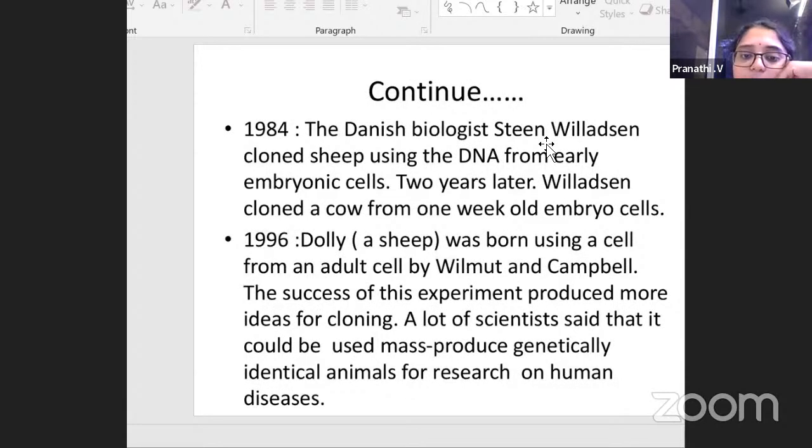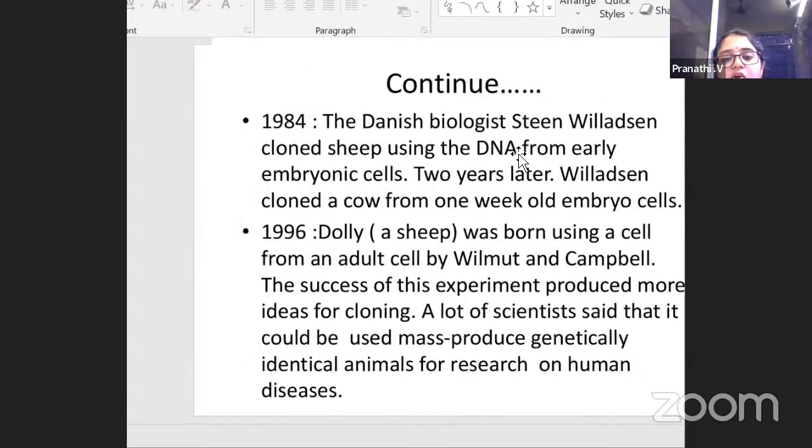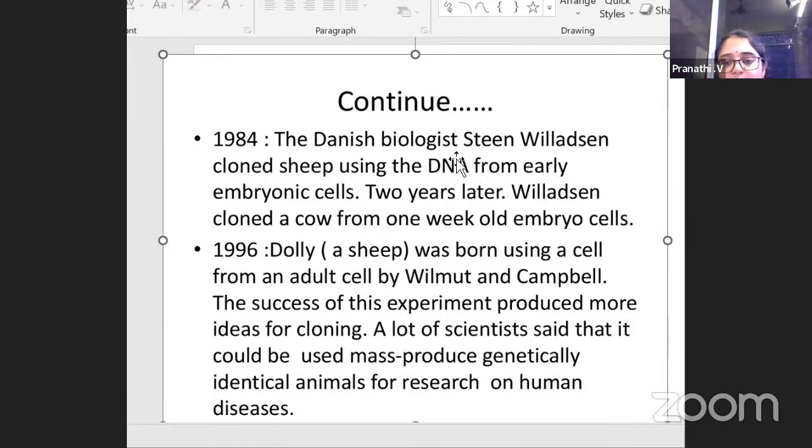But later, in 1984, Steen Willadsen tried to clone sheep using the DNA from embryonic cells. Later, he could clone a cow from 1-week-old embryo cells. So just the embryo cells were taken, the nucleus was taken, and then the clone of the cow from the donor cells was created.